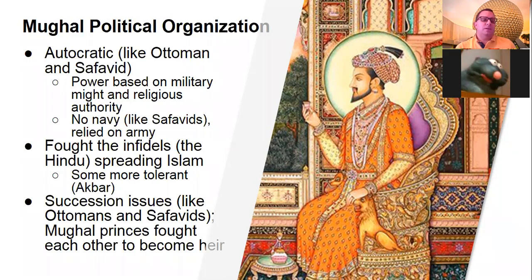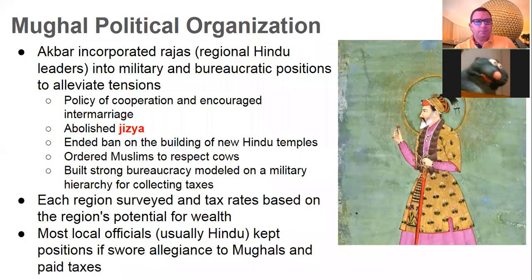Akbar tended to be a bit more tolerant than his grandfather was, and so when he was ruling, he kind of eased off at least a little bit on the persecution of the Hindus. Not only did he ease off on the persecution, but he also tried to give them jobs within the government.